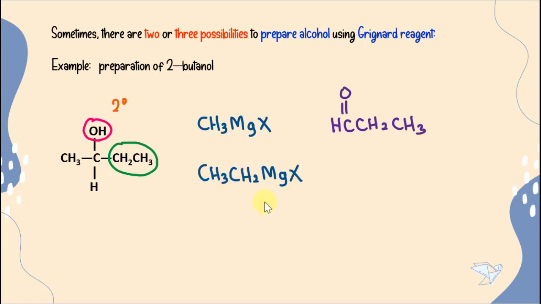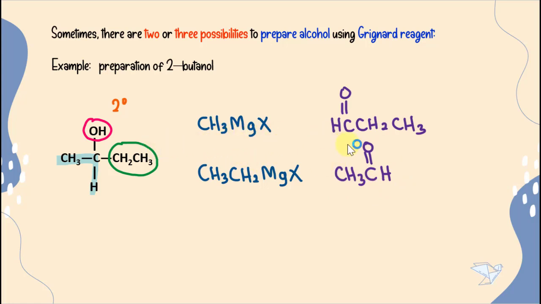The second possibility is if we have CH3CH2MgX as our Grignard reagent, so the other part here will become our aldehyde. In this case, our aldehyde should be CH3, C, with the single bond to OH changed into a double bond O, and then we have hydrogen here. So we have our aldehyde.